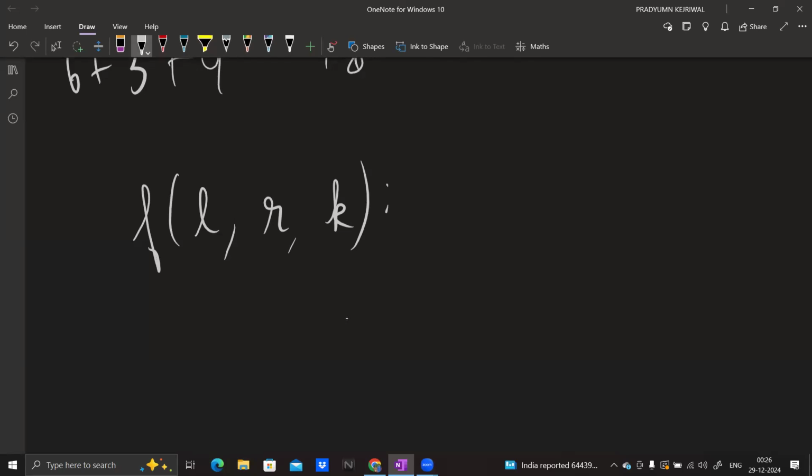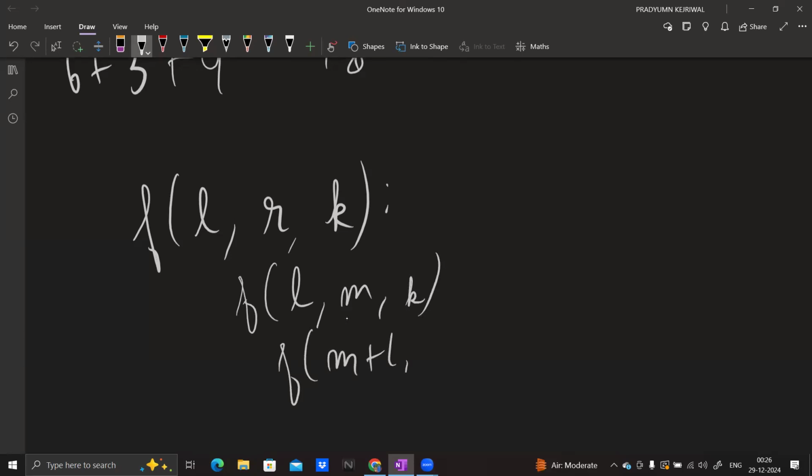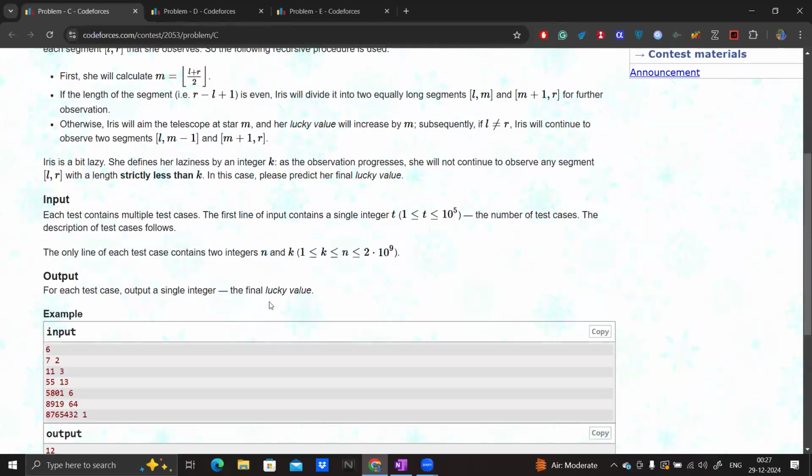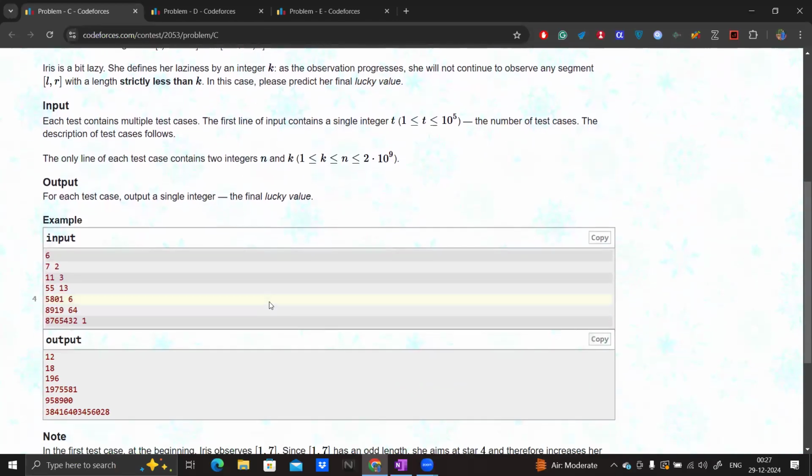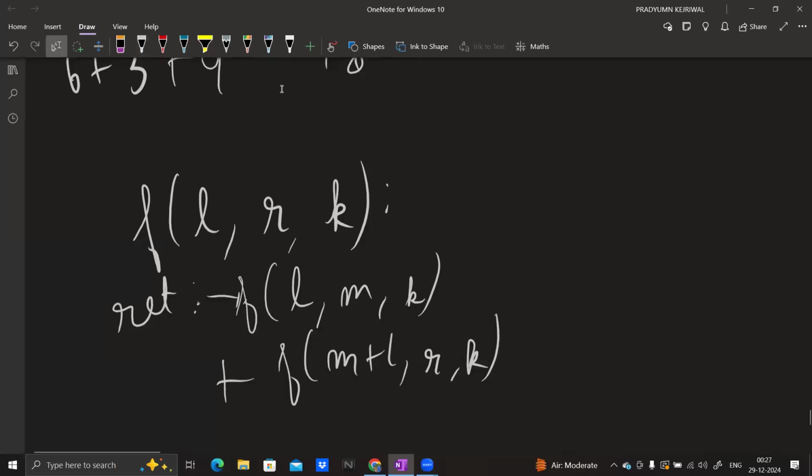It will call f(l, m, k) and f(m+1, r, k), add the answers and return it. This is for even, and for odd it will do whatever. So why wouldn't this work?